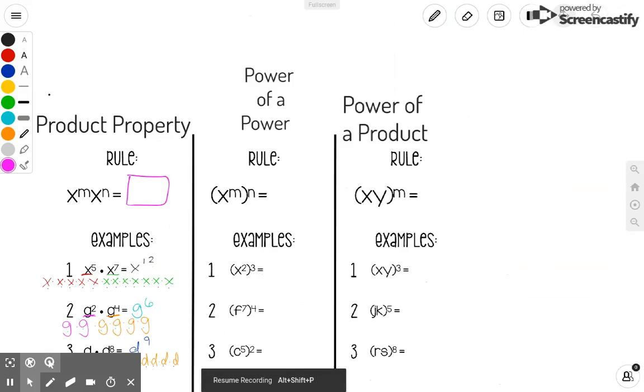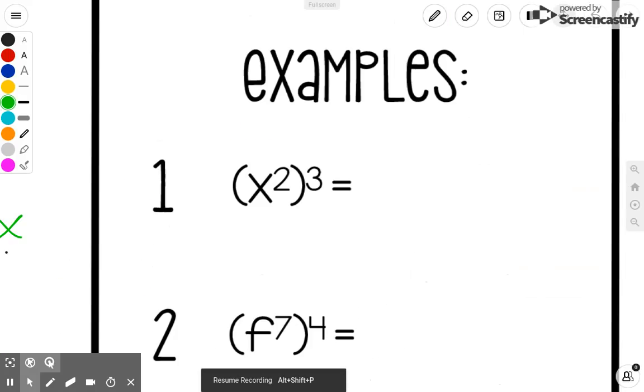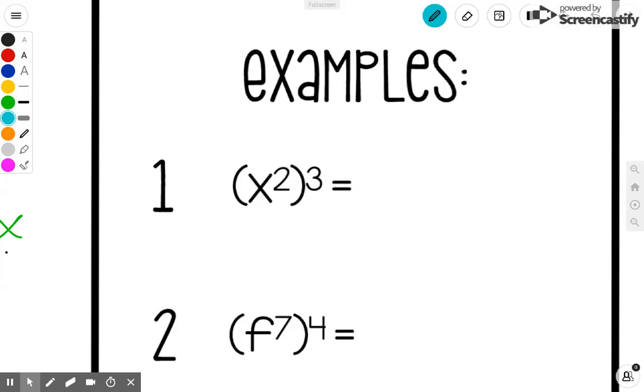The next property we're going to focus on is power of a power. So we're right here, power of a power in the center of your foldable. So the first problem is x squared to the power of 3. So that means that I have 3 x squared.